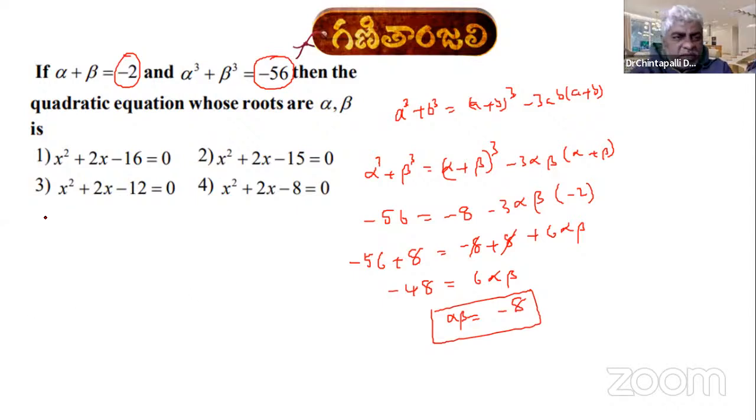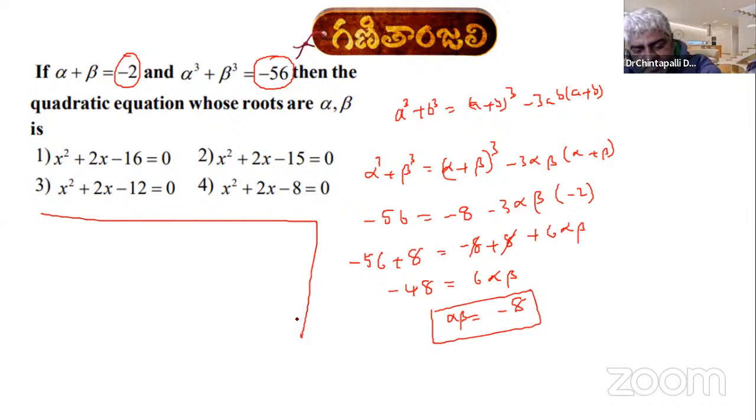You can continue on the screen. What is the formula to find the required equation? X square minus alpha plus beta. Write it.